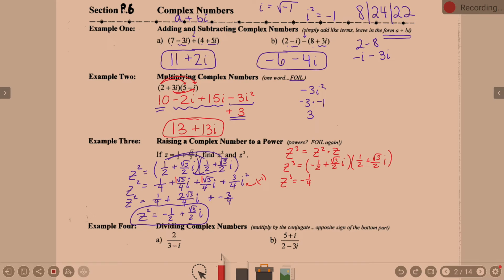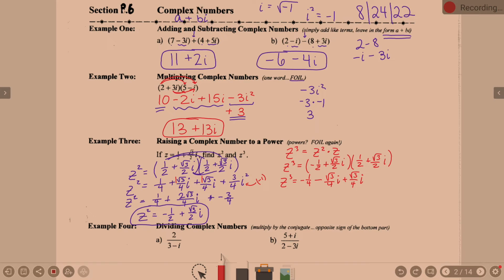So a negative times a positive is going to be a negative. 1 times square root of 3 is going to be square root of 3. 2 times 2 is going to be 4 times i. Then my middles. Square root of 3 over 2 i times 1/2. Square root of 3 times 1, we're going to have positive square root of 3. 2 times 2 is 4, and then times i.